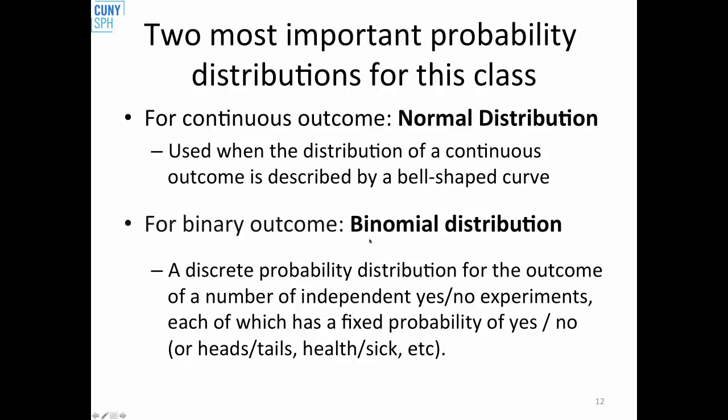The normal distribution is applicable in a lot of different instances of continuous random variables, and the binomial distribution is applicable in instances where the outcome is binary, either yes or no, healthy or sick, and we have a number of independent events. It describes the probability of the numbers of yeses and nos in those independent events.